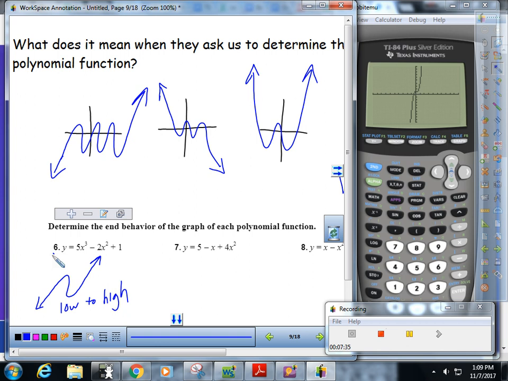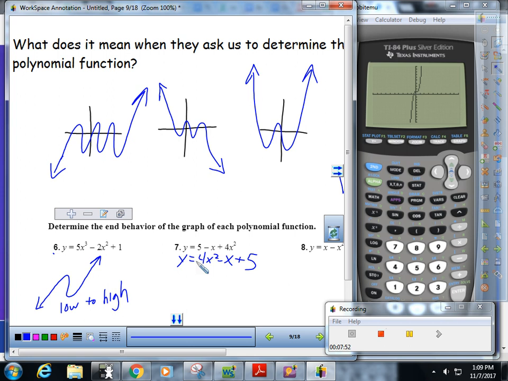All right, number 7 is one of those cruel, stupid math problems that are just trying to trick you, so don't fall for it. I want you to rewrite it in order of highest term to lowest term. Is our highest term positive or negative? It's positive, right? And is it even or odd?